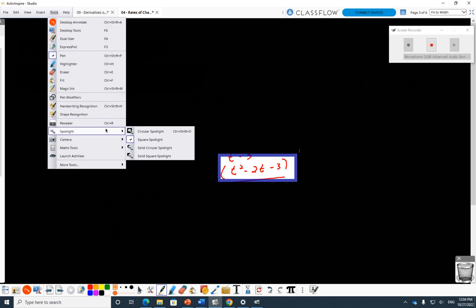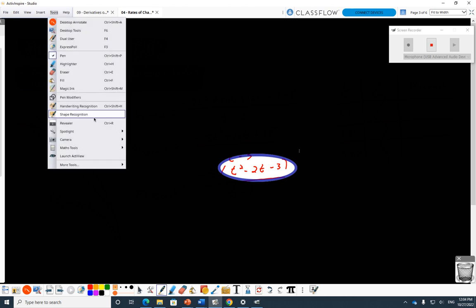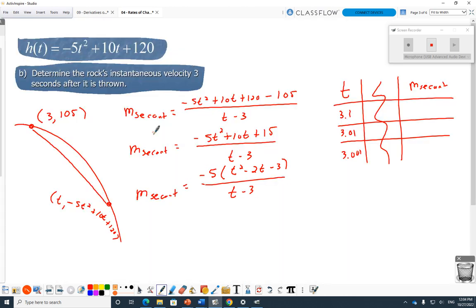Can you see something? Does this factor? What are the two numbers that multiply to negative 3, but add? Well, that's not what I wanted. Gotta turn that off now. Turn off the spotlight. How do I turn off the spotlight? There we go. What are the two numbers?